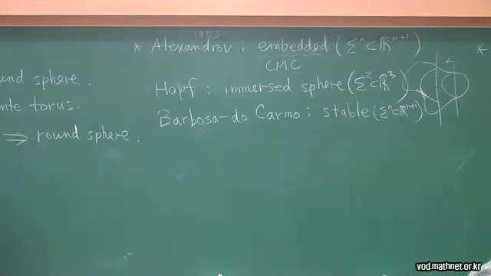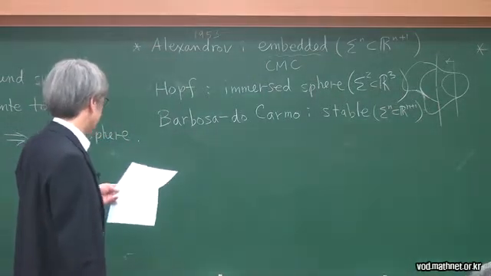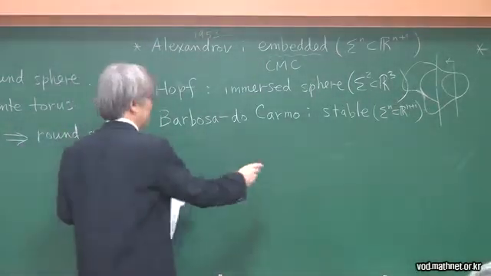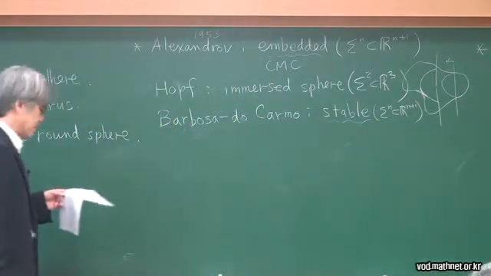And so far, we have thought about surfaces without boundary. But from now on, let's consider surfaces with non-empty boundary. Okay, before that, I have to give a definition of stability.